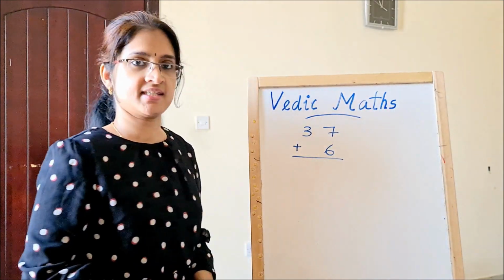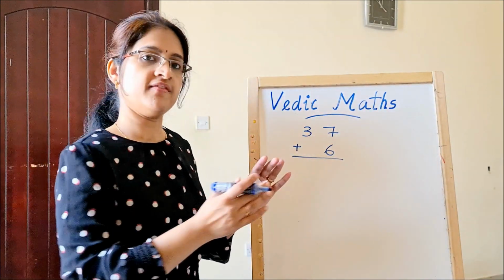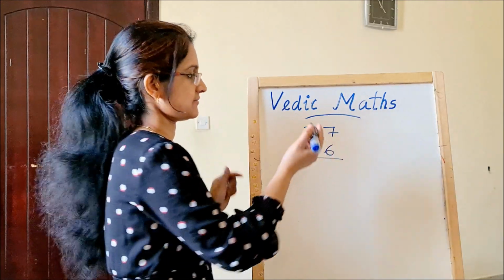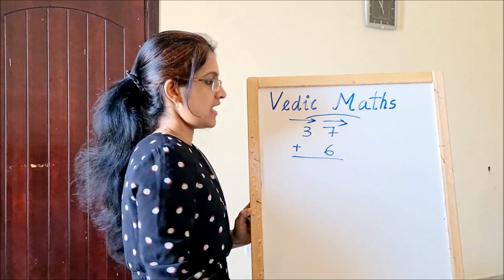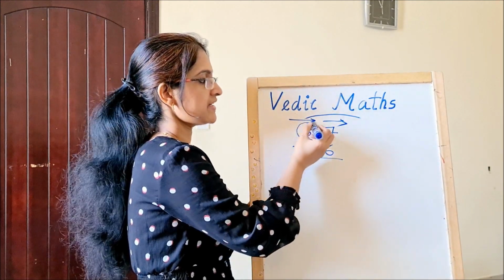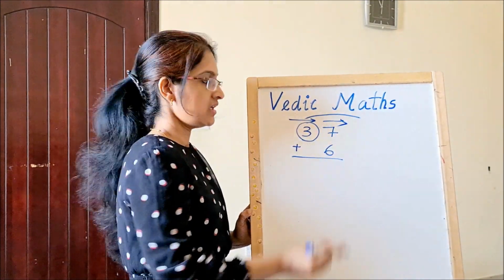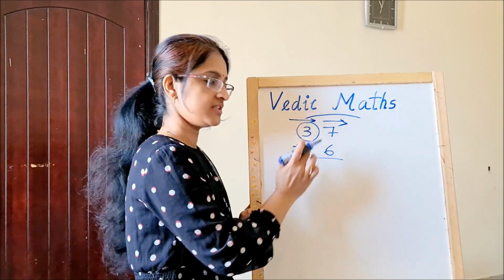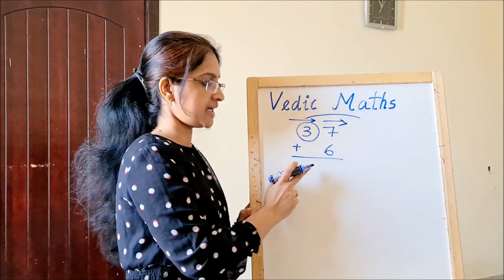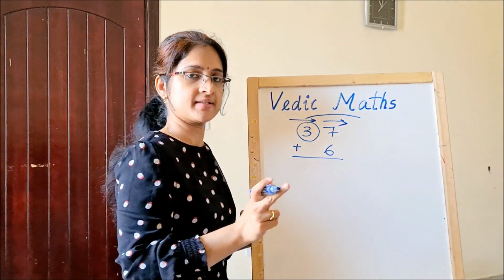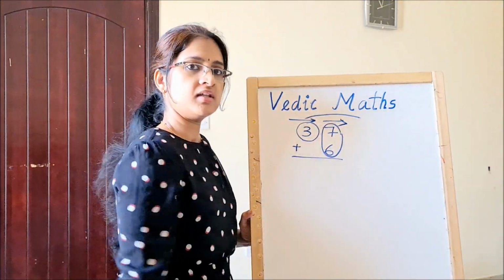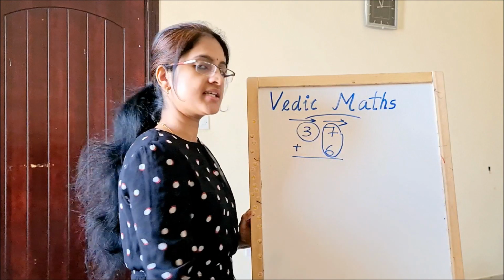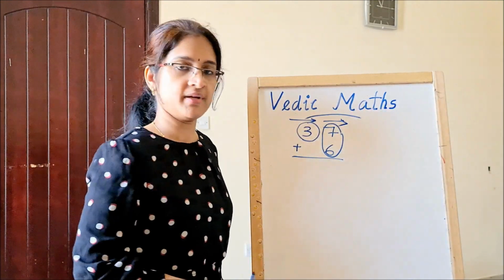Let's see another example. 37 plus 6. As I told you, we always start from left to right. So the addition will be carried out like this. And the digit that we take first will be 3. So before writing 3 here, first you keep it in mind. Don't write 3 here, just keep it in your mind, and observe the next pair. Next pair, 7 plus 6, as you know, is a carry combination.